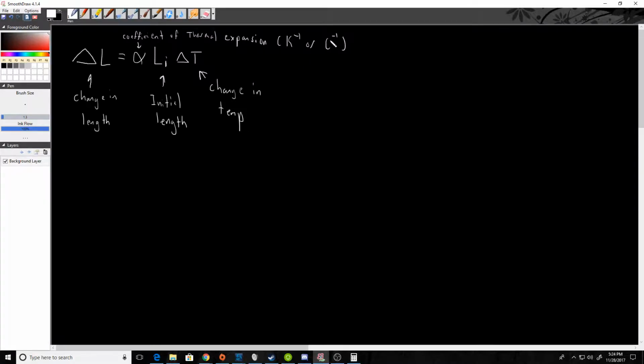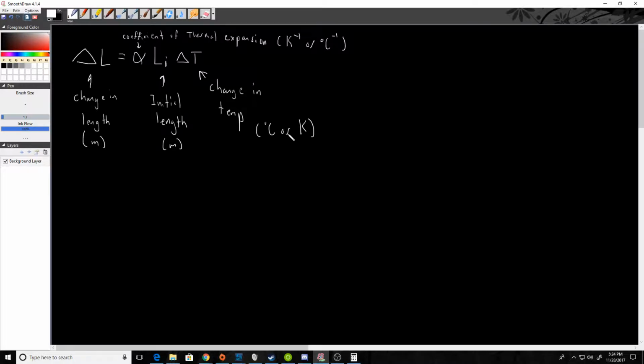So it doesn't matter what unit this is in, it's not going to change the number at all. So change in length, meters, initial length, meters, change in temp, degrees Celsius or Kelvin. It's going to be one of those two. And to convert between the two, if you have Celsius, you just add 273.15 to get to Kelvin, depending upon what the question's asking for.